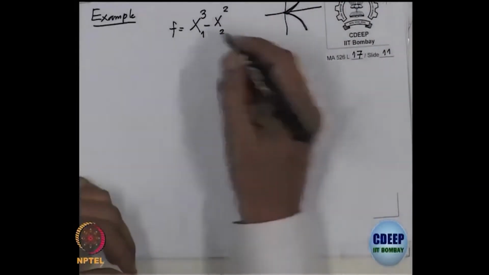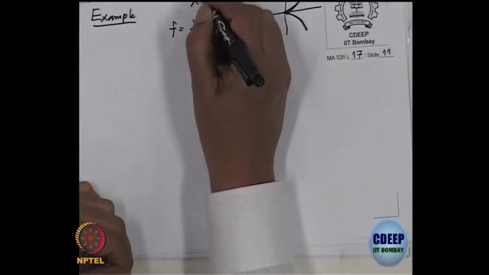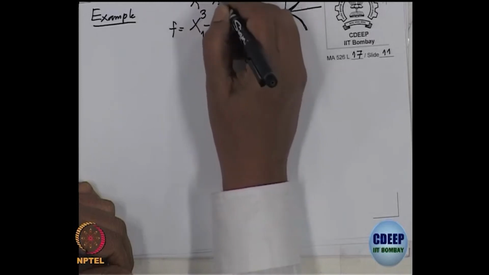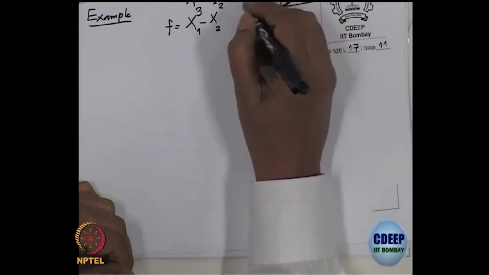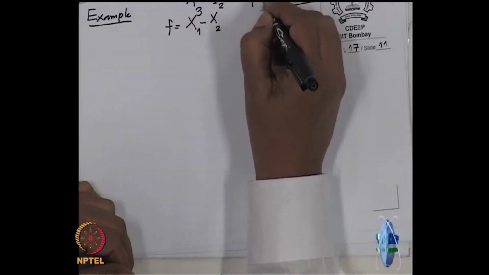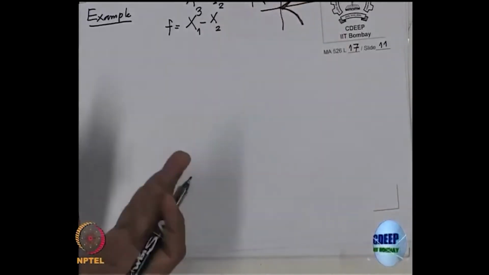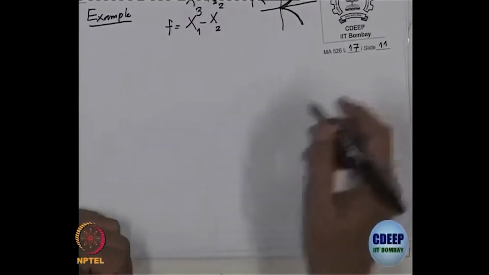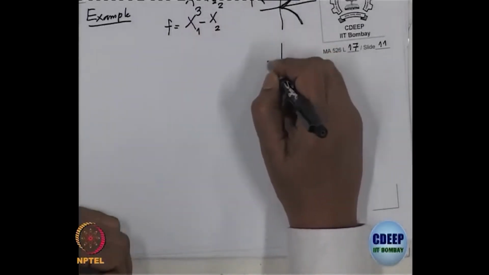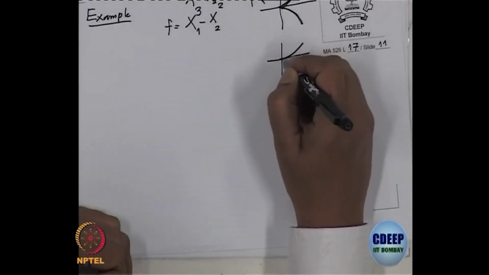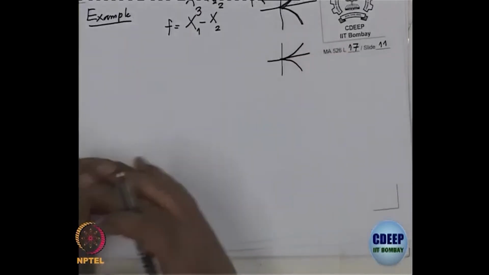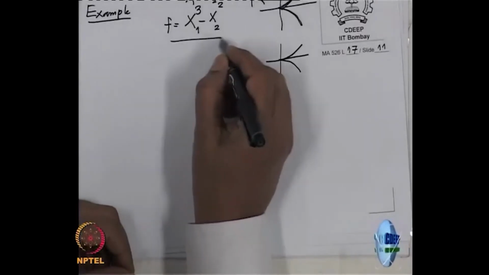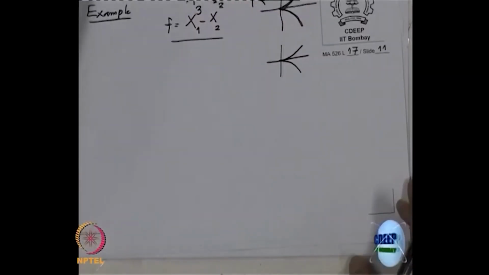So, for example, if you go x1 power 5 minus x2 squared, the diagram should become closer to the axis. If you go to a higher power, it is even more. It will get closer and closer. The same thing will happen for the other examples also.